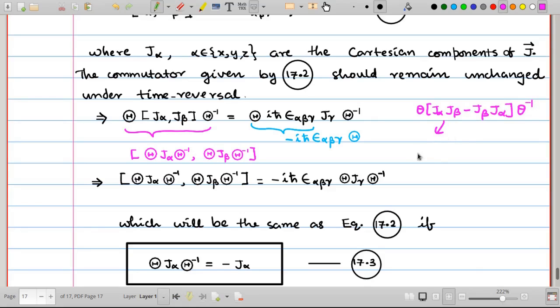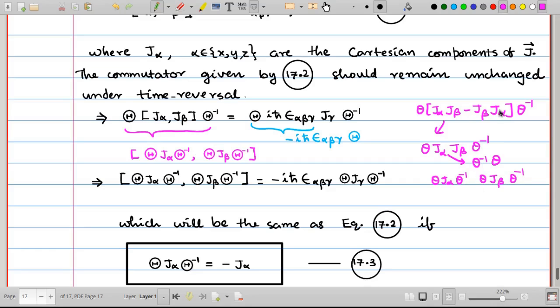If I consider the first term only, this is theta J alpha J beta theta inverse, and in the middle, that is in between J alpha and J beta, I can insert an identity operator, which I will write as theta inverse theta, and therefore we will get theta J alpha theta inverse and theta J beta theta inverse.